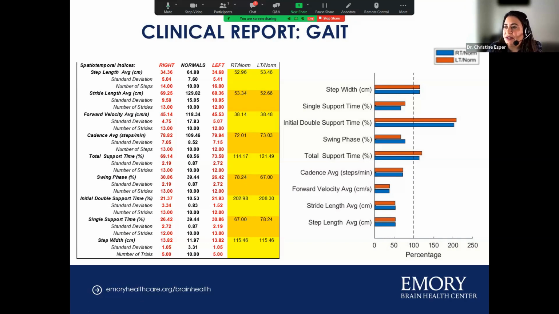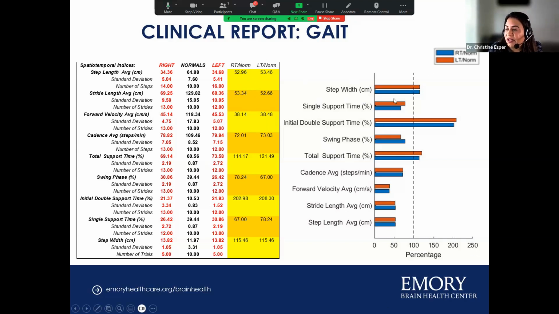So here is an example of what a patient will receive in a report from this type of analysis. As I mentioned, you'll see all the spatiotemporal indices for the patient as compared to normals, and where they stand. As you can see, this patient was quite slow, walking at about 38% of a normal value. Step and stride length were also significantly diminished, at about 53%.